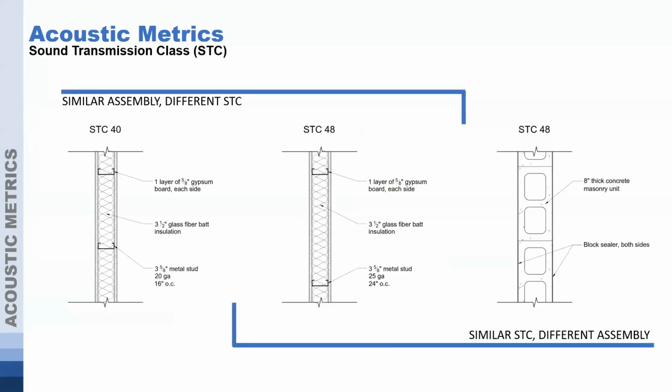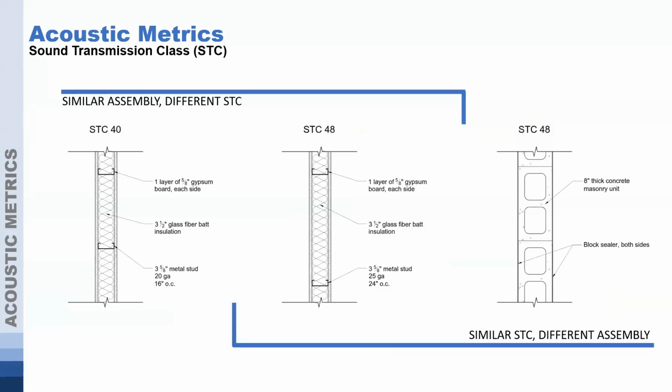Another concept, metric, excuse me, is the sound transmission class. Sound transmission class is basically asking how much sound does an assembly reduce when sound goes from one side of the assembly to the other. And this refers specifically to airborne sound.